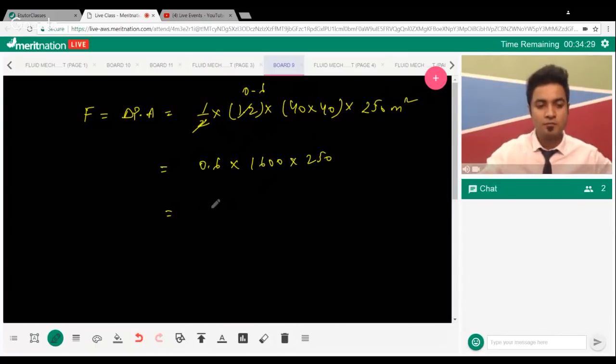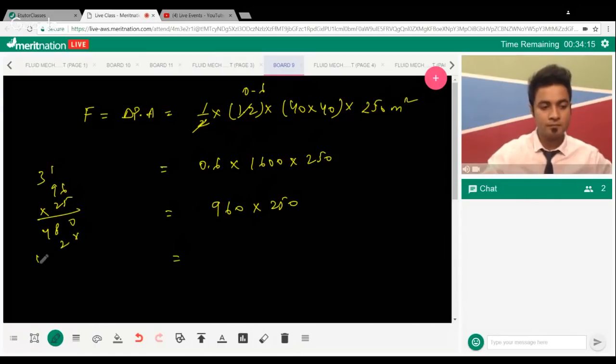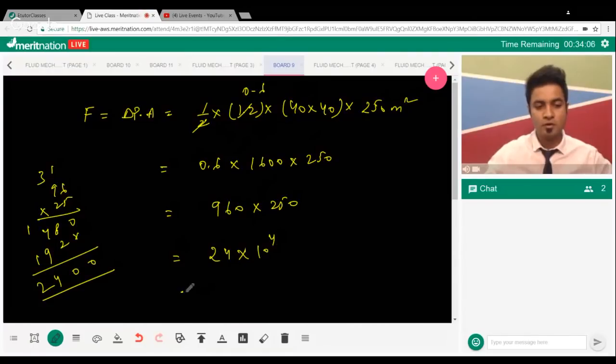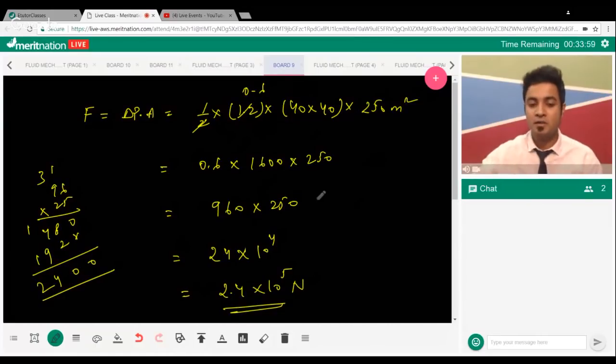So that would be 960 into 250, and once you just multiply these, 24 into 10 to the power 4, or you can write it in this way, right? This is the amount of force that is being acted from the bottom to the top.